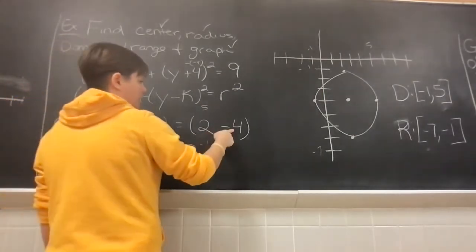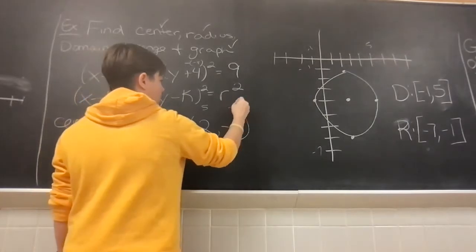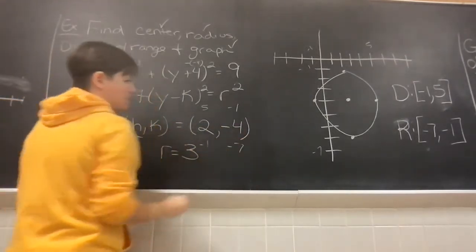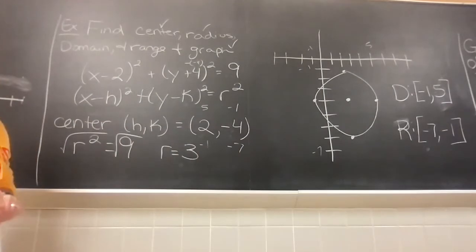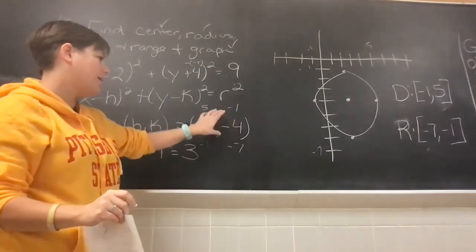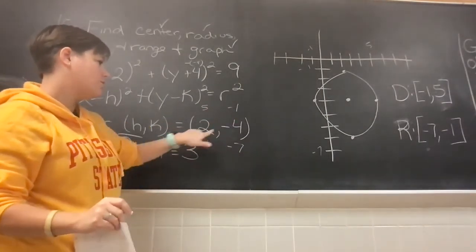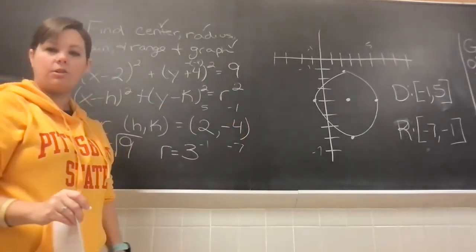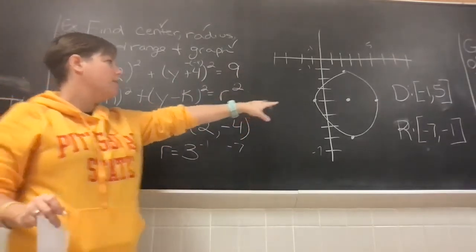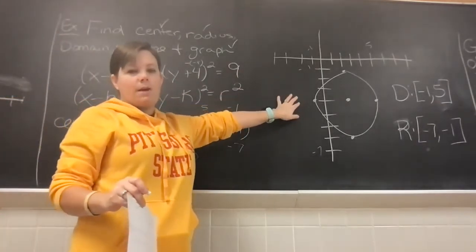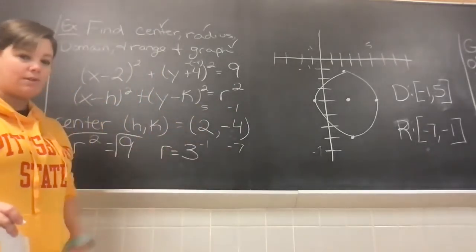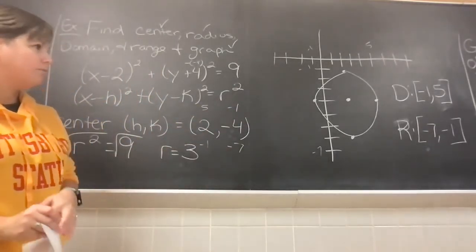If we add 3 to our y value, we go up to negative 1. If we subtract 3, we go down to negative 7. So you can find your domain and range by adding and subtracting your radius to your x and your y, or you can graph it and see how it falls on the graph. If you're a visual learner, this might work better. If you want to just do the adding, you can do it this way. Either way is going to give you the exact same answers.